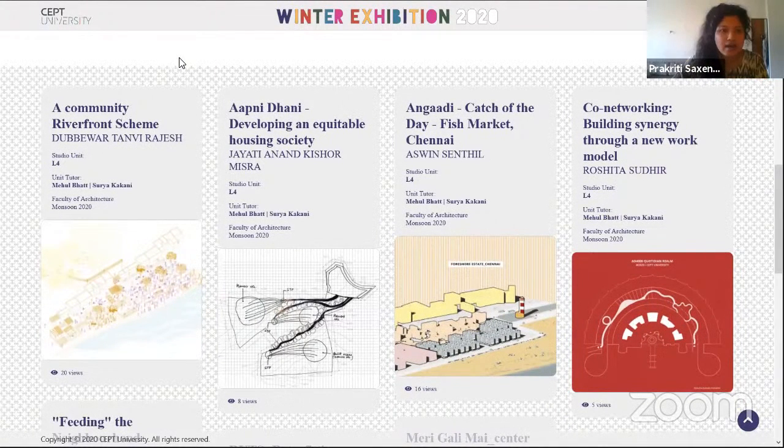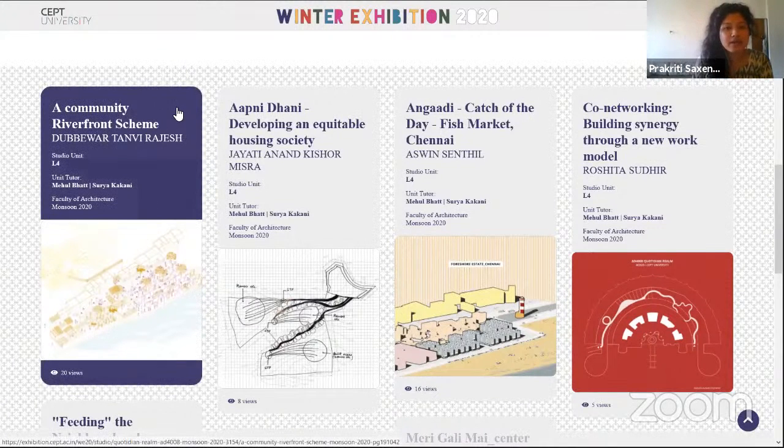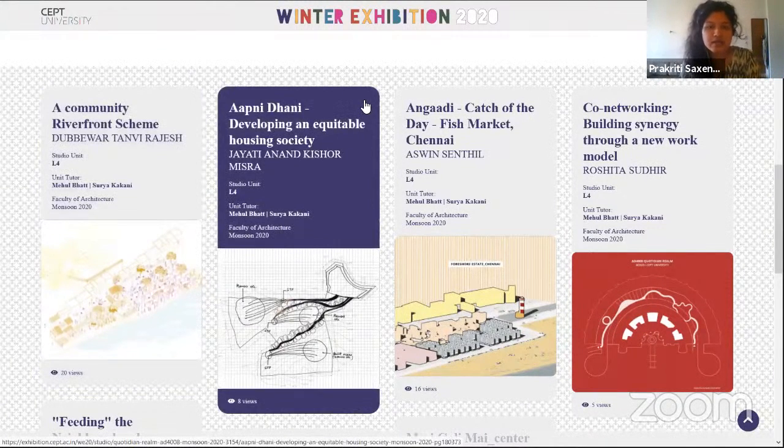Okay, thanks. Yeah, so the first one was a community riverfront scheme done by Tanvi, where she was exploring the idea of riverfront projects and how they can engage their local communities better and help them in their everyday activities. The second one, called Apni Dhani, done by Jayati, was a project where she wanted to explore how the idea of housing developments can be done through resource conscious methods.